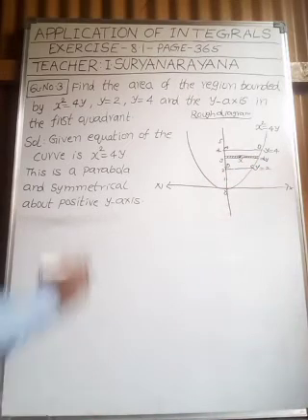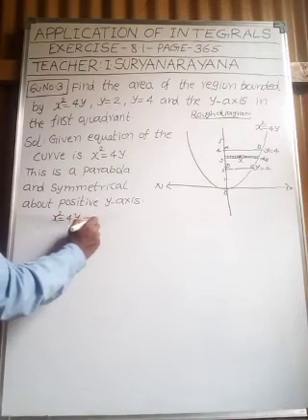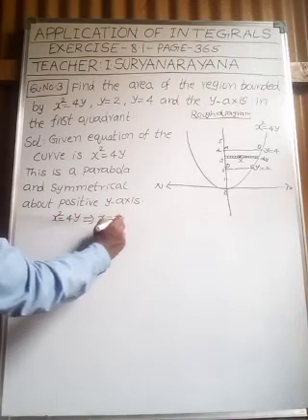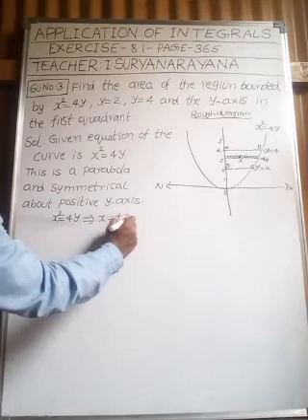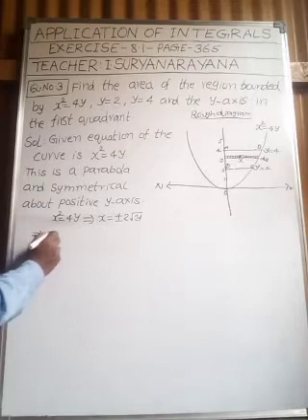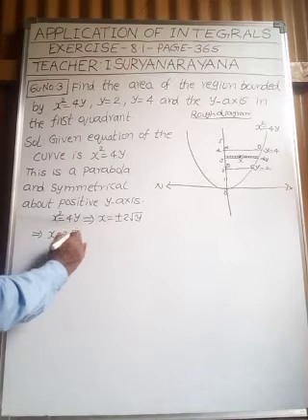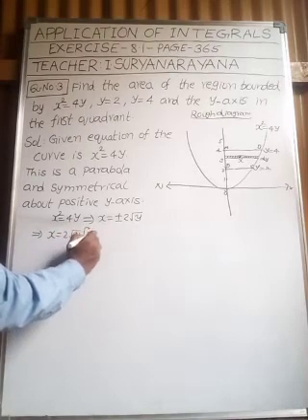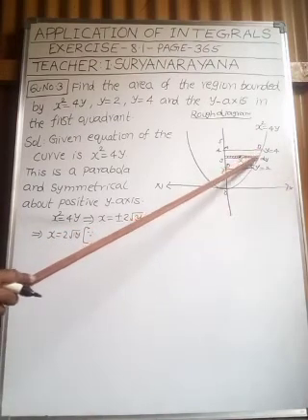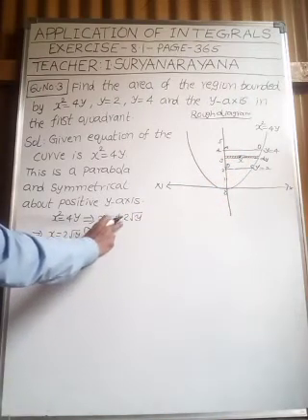From this equation, x square is equal to 4y. This implies x is equal to plus or minus 2 root y. But we take only positive 2 root y, because this region is in the first quadrant.